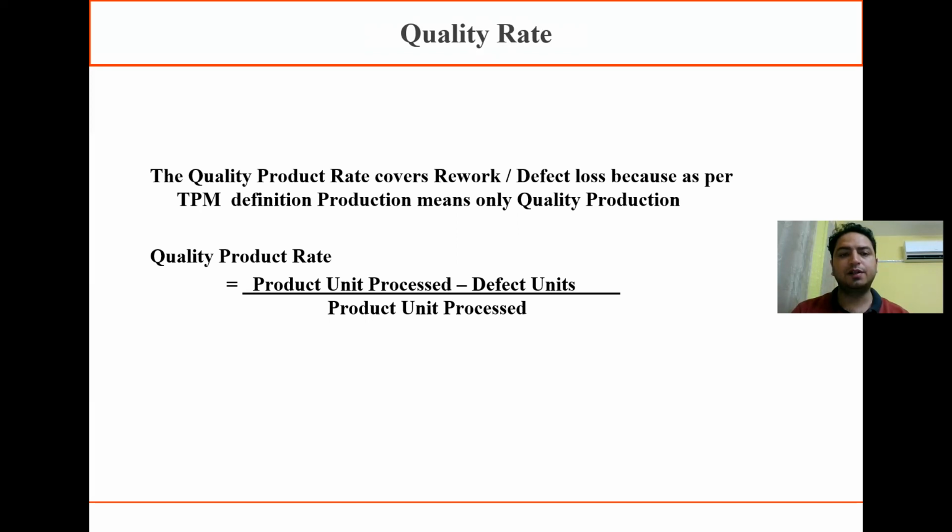Quality product rate is equal to product units processed minus defect units, divided by product units processed. Suppose in any machine we have processed 100 units, out of which 10 units are defective. The remaining good quality production is 100 minus 10, that is 90. And 90 divided by 100 is 90%. So 90% will be the quality rate.